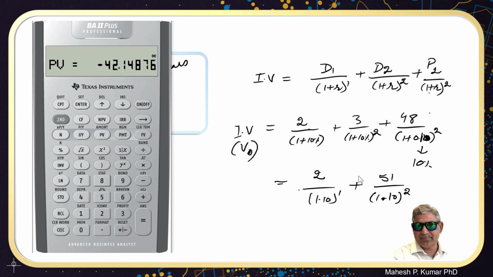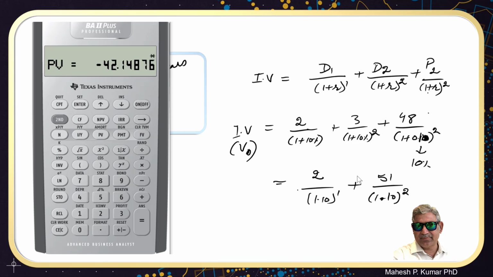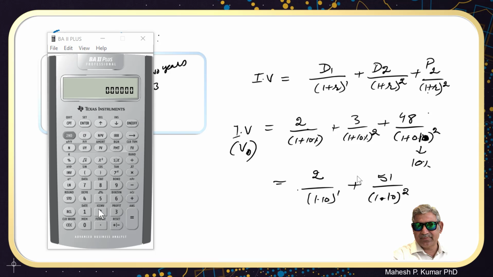When discounted today, this cash flow comes out to be $42.15, and then we also discount the $2: 2 divided by 1.1 gives us 1.82. We add that to $42.15, so the value of this share is $43.97.